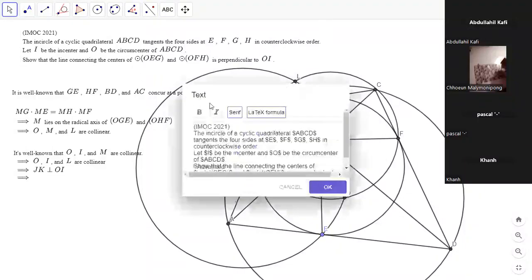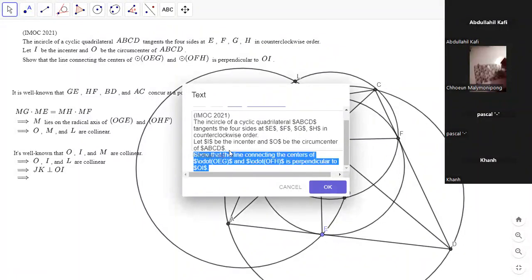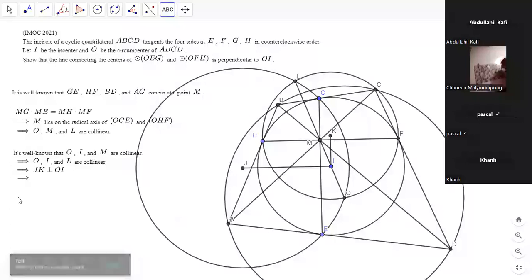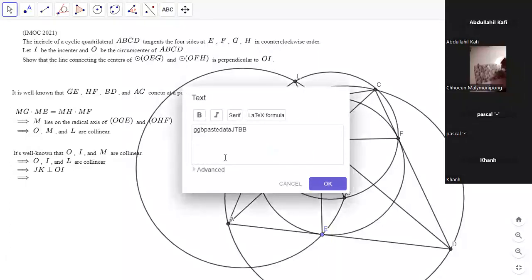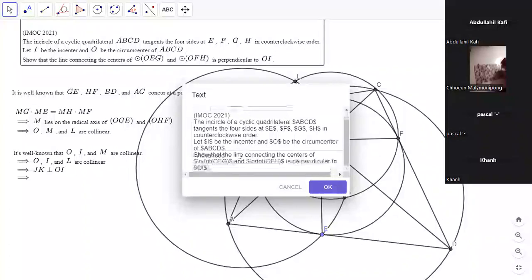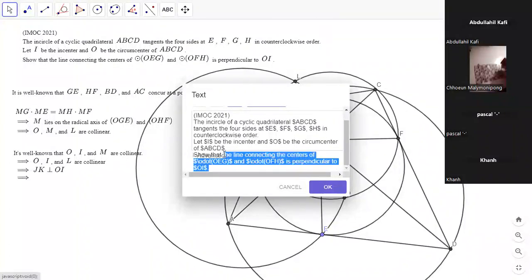Let me just copy and paste it. Why is it not working? I'm going to try one more time, and if it doesn't work, I will just give up and type it out.